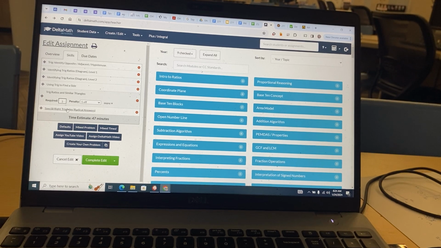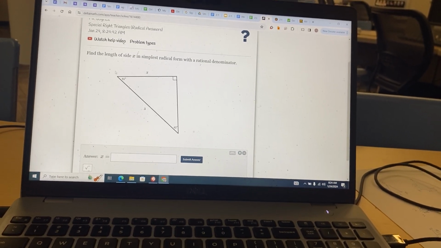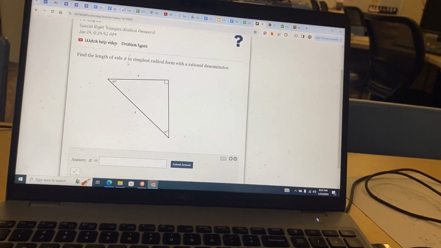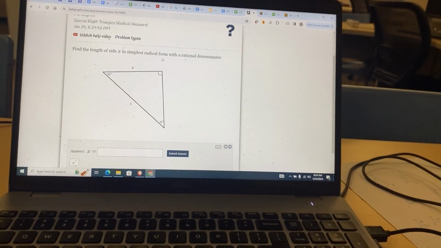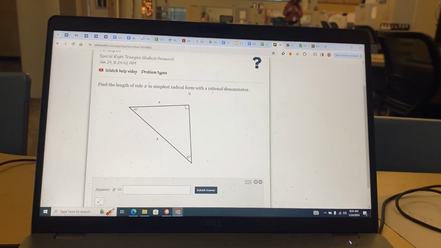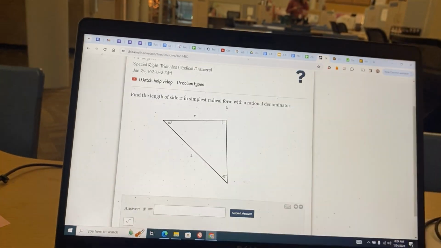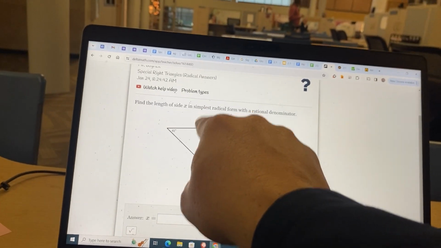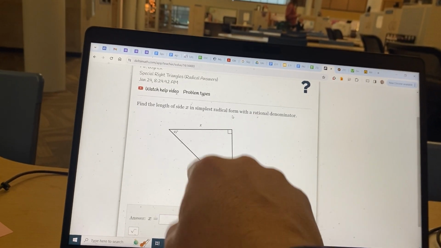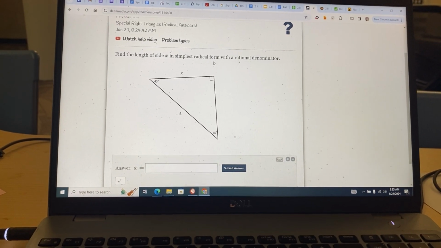Then the last one, which is based off yesterday's assignment, might be a little difficult. Find the length of the side X in simplest radical form with a rational denominator. This is exactly what I was worried about. When we have the 45, 45, 90 right triangle, like the one shown here, this side is X and this is X times the square root of 2. So I need to take 1 and divide it by the square root of 2.